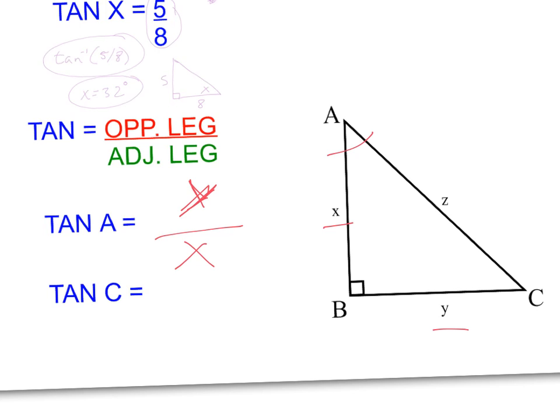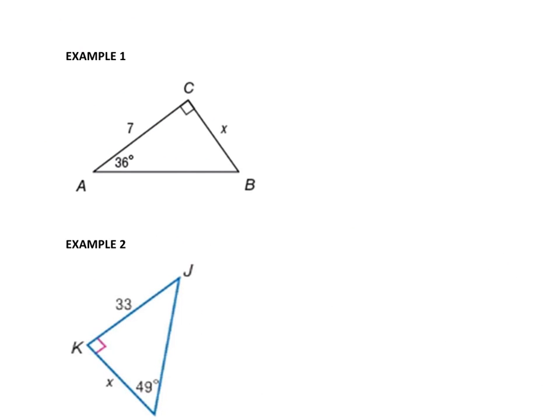On the other side of that, if we're looking for the tangent of angle C, the opposite is going to be x over adjacent y. Okay? And we would never look for the tangent of the 90-degree angle, only the other two angles that we're dealing with. Okay. 3 more examples before we take a look at the assignment.